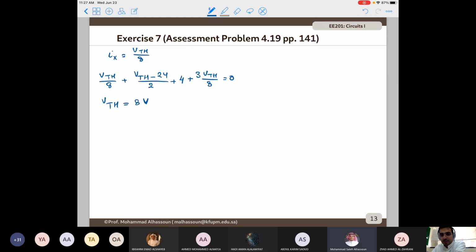Now the question is how to find the Thevenin equivalent resistance. So let's apply the test source method. You have the option to choose which test source to use, and in my case, I'm going to choose a test voltage source.